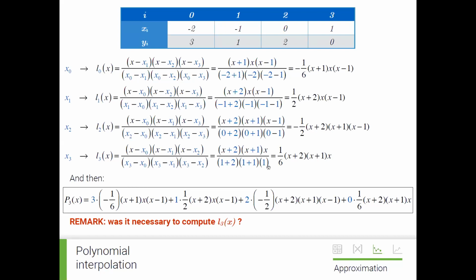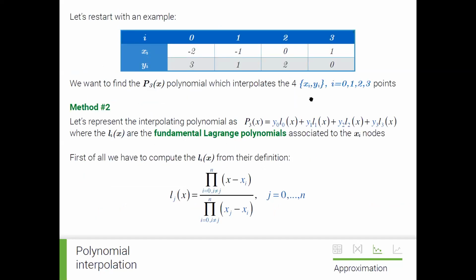After replacing the corresponding values again, we obtain 1 over 6 as coefficient here. And the numerator is without changing again, x plus 2, x plus 1, and x. So we obtain the four corresponding Li of x from this polynomial.